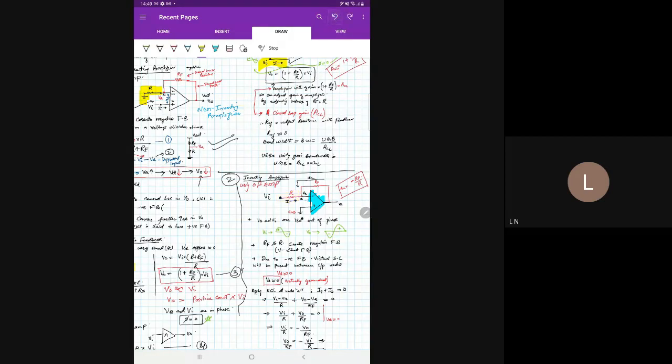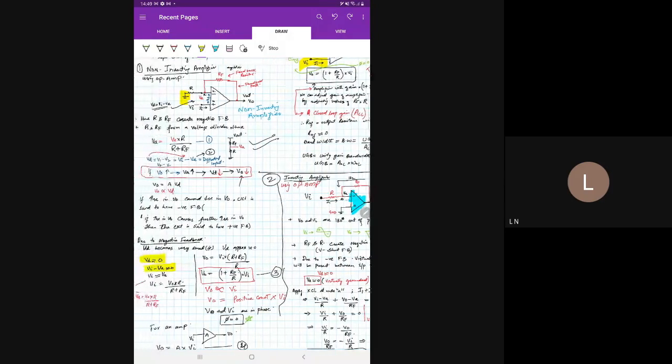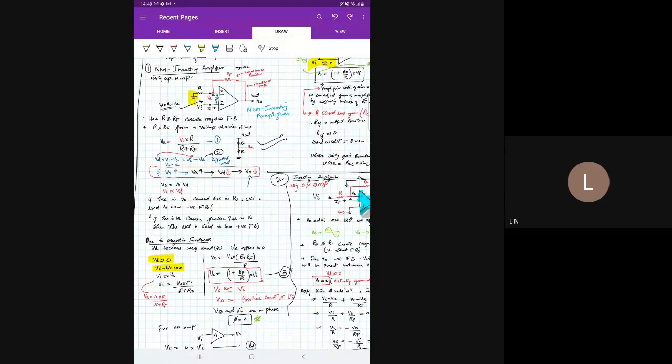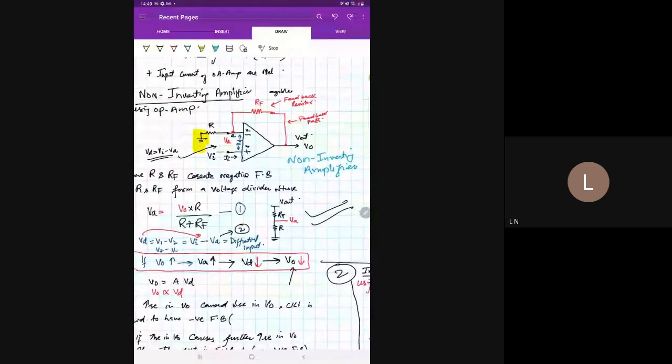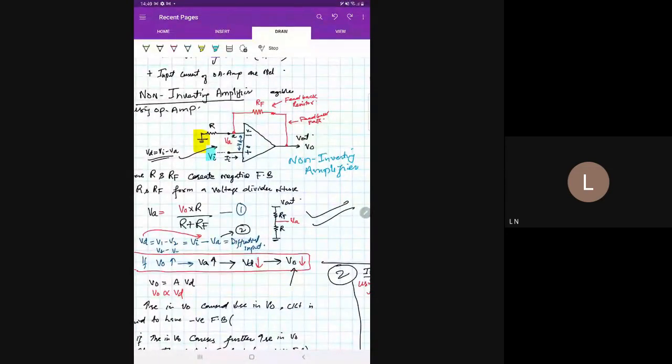The only difference between the non-inverting amplifier and the inverting amplifier is that in the non-inverting amplifier, please remember, the input Vi is applied to the non-inverting terminal.